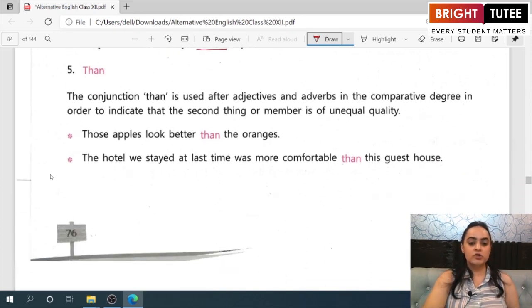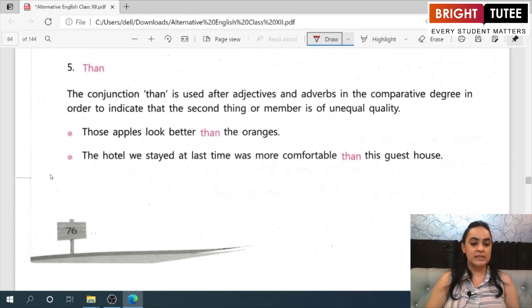Then the next conjunction that we talk about is "than". Now what is "than" and when do we use "than"? The conjunction "than" is used after adjectives and adverbs in a comparative degree. Now this is something that we have learnt about in the degrees of comparison. When we talk about the comparative degree, we use "than".